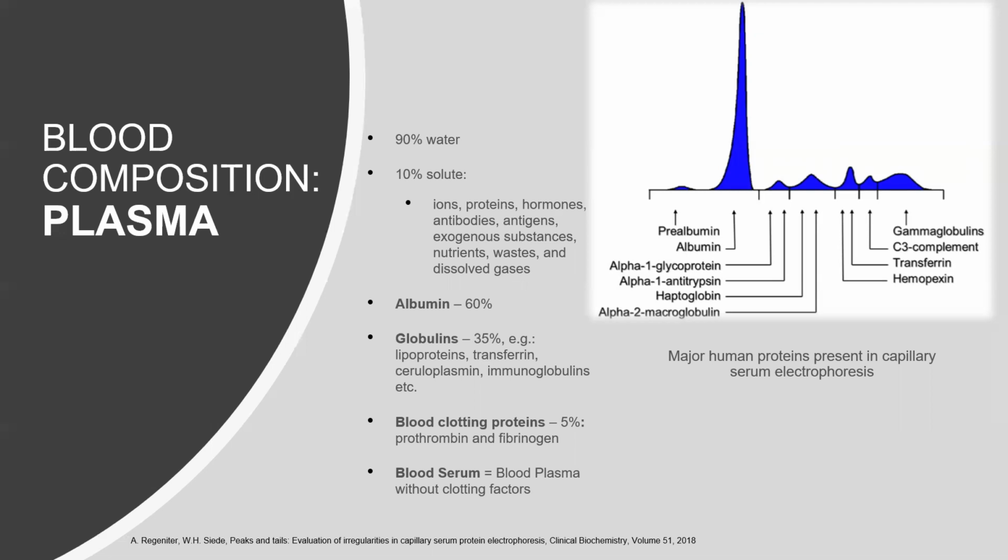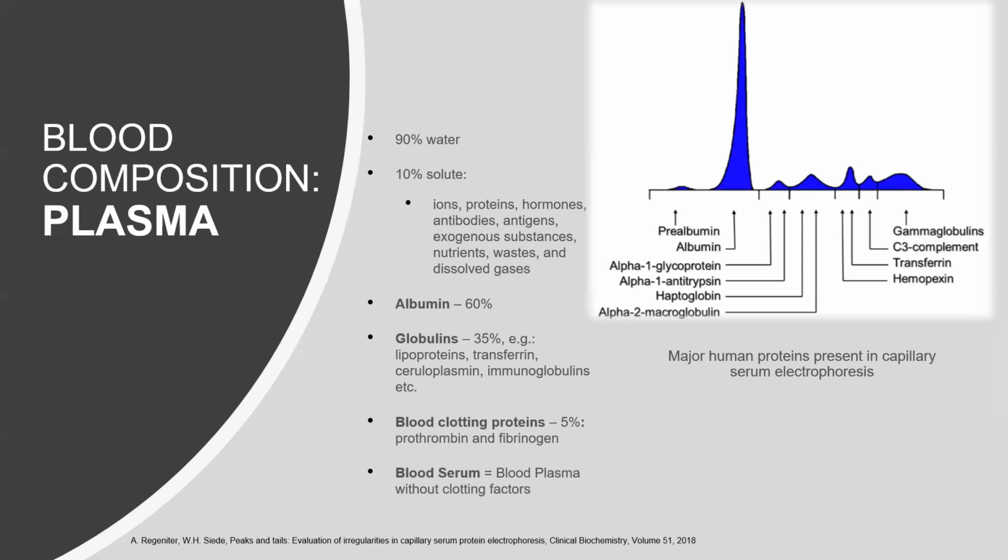And these proteins which transport fats are called lipoproteins. Then we have transferrin. Transferrin is a beta globulin which transports iron. Then we have, for example, ceruloplasmin. Ceruloplasmin is an alpha globulin which transports copper, but actually it's not the only function of ceruloplasmin, and we'll talk about it more in a bit.